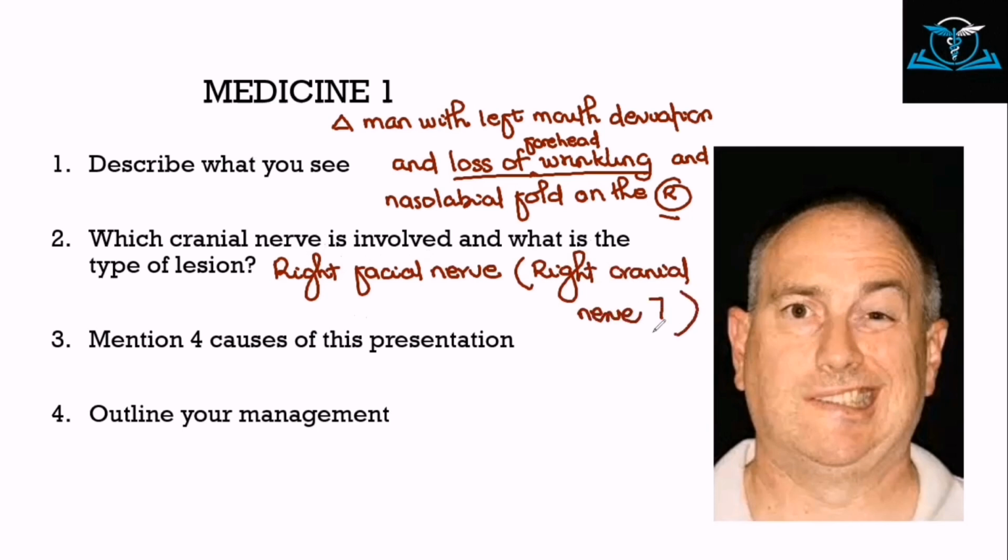But if you met this question in exam and you just wrote facial nerve, I'm sure they would have given it to you. But like I'm saying, I am a very strong melancholic, so I like very precise answers. It is not the cranial nerve 7 on the left, but it's the cranial nerve 7 on the right.